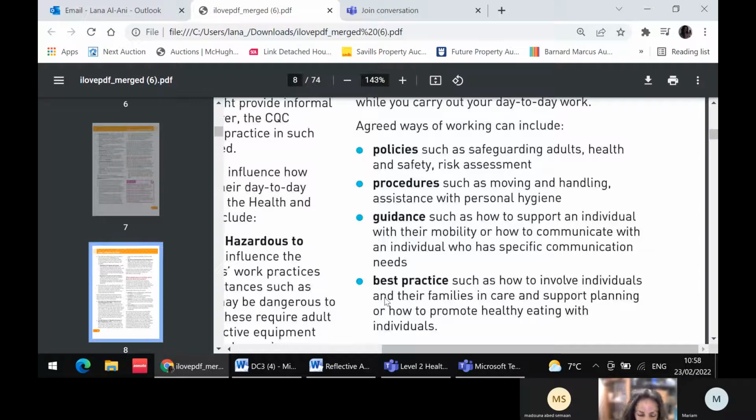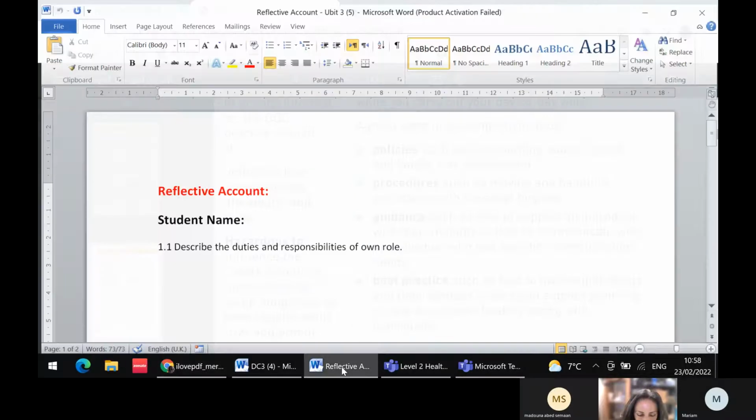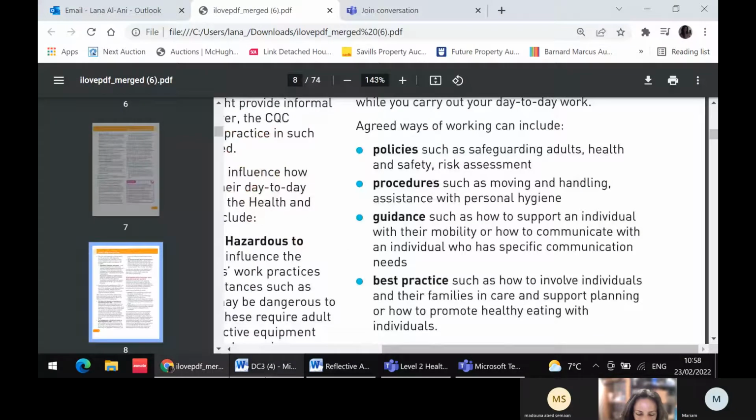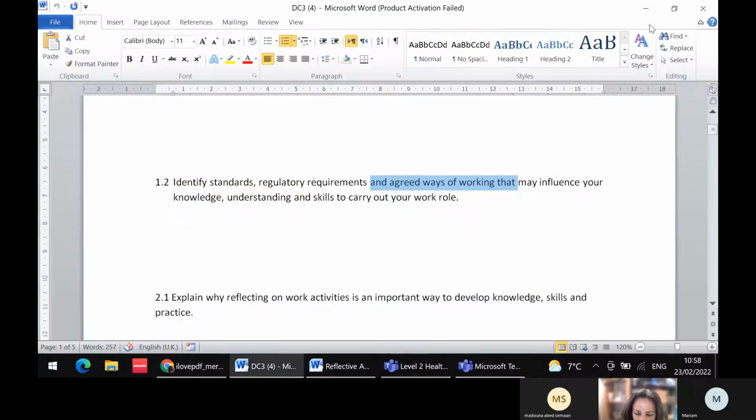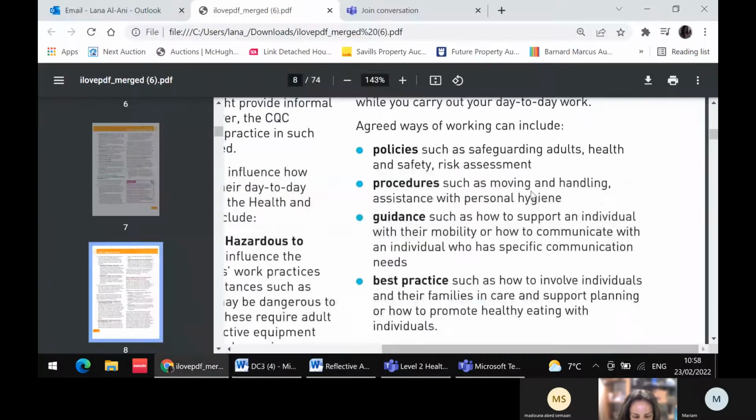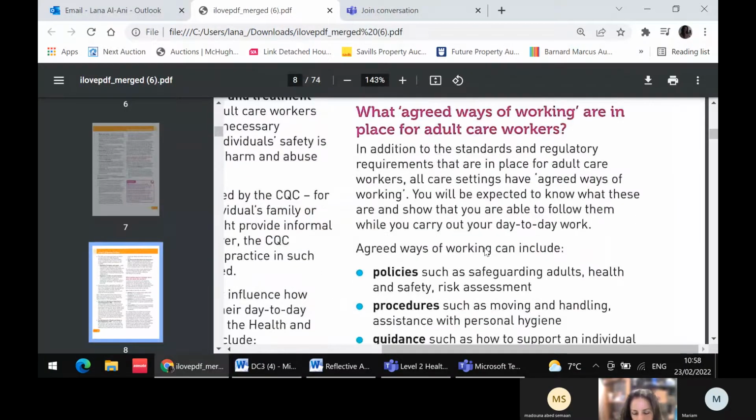So as we said, the third part of question 1.2 is the agreed ways of working. So you go back and check what the agreed ways of working are. Just say that in every health and social care setting they have different agreed ways of working, and everyone should follow them to make sure they do their best and provide excellent care and support to their clients.